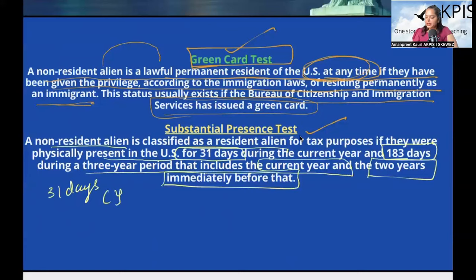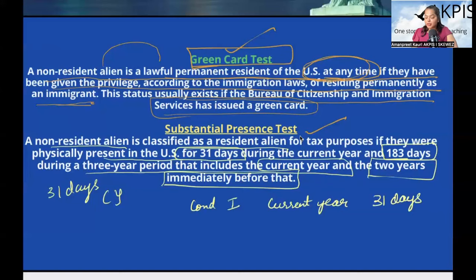So in the current year, you are there in the United States of America for how many days? 31 days, right? But this is condition number 1.